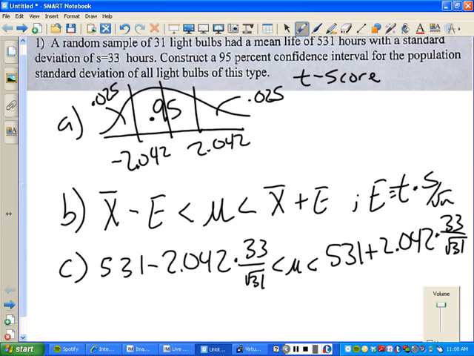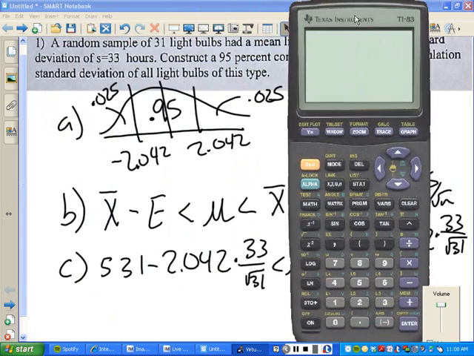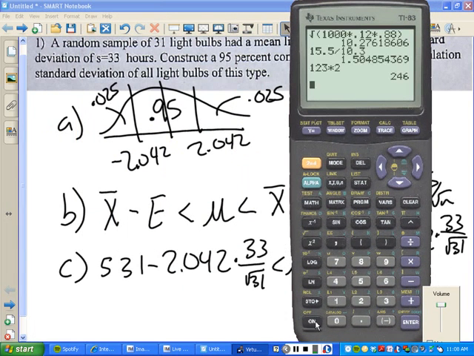Okay. Now, to use the calculator to do the work, we'll pull it over here so we can do this first side first. We're going to do 531 minus 2.042 times 33 divided by the square root of 31. Okay. Enter. So we're going to get 518.9.